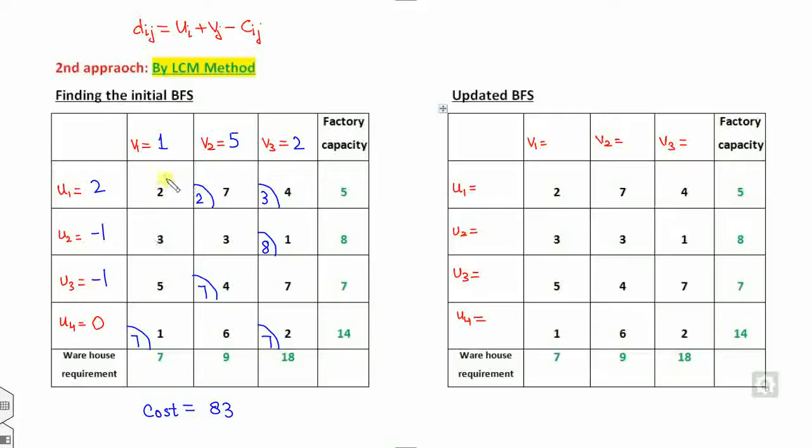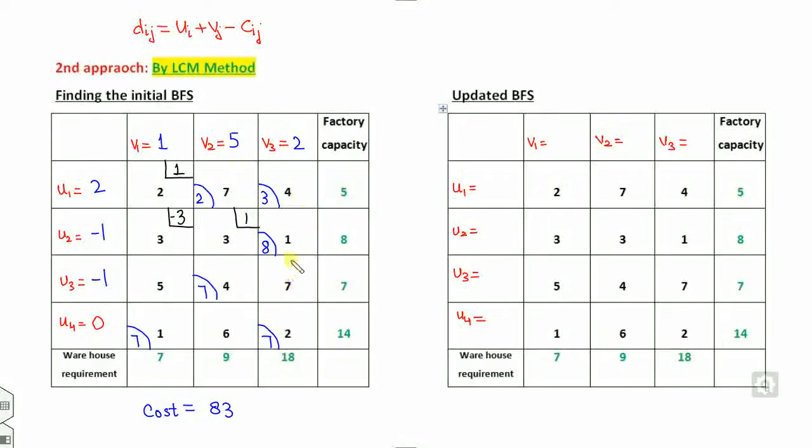Now calculate this value, ui plus vj minus cij. So 2 plus 1 minus 2, that is plus 1. Now to check whether this is optimal or not, look at this value: this plus this minus 3, so it becomes minus 3. Look at this value: 5 minus 1 is 4, 4 minus 3, that is plus 1. Now look at the other values.